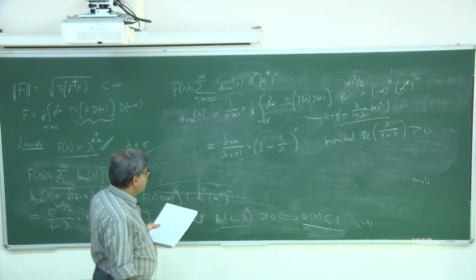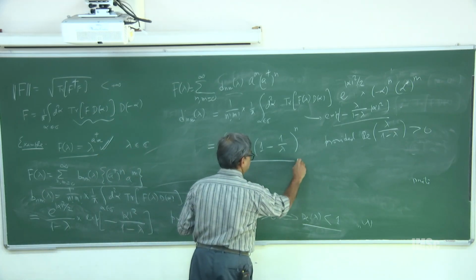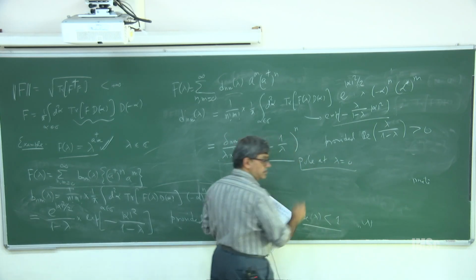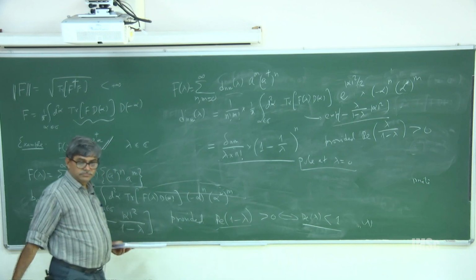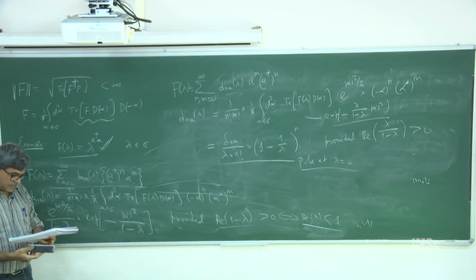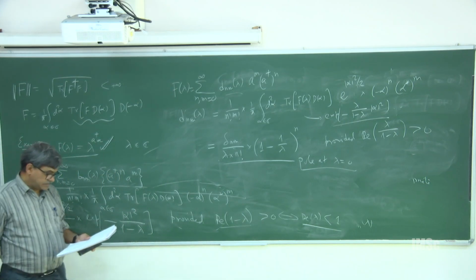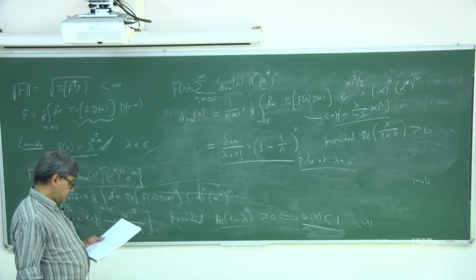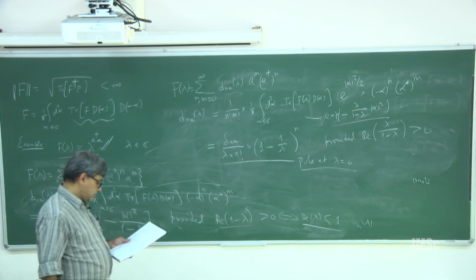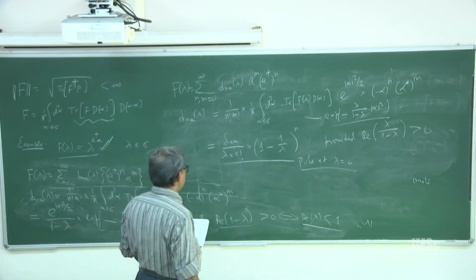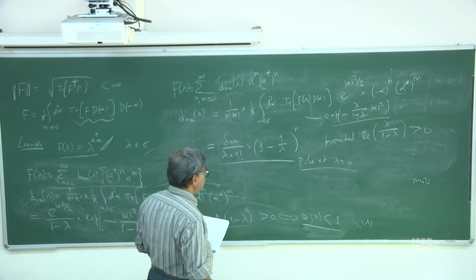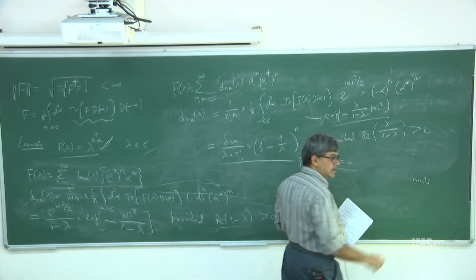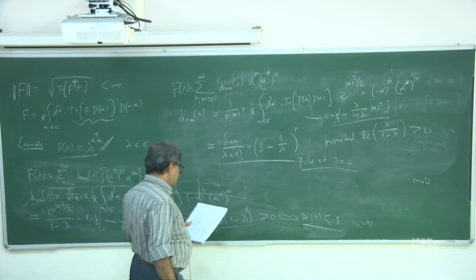Now, if you look at this, it has a pole at lambda equal to 0, right? Isn't it? It has a pole at lambda equal to 0. Now, maybe we can simplify it further and see what the condition is, but that is okay.